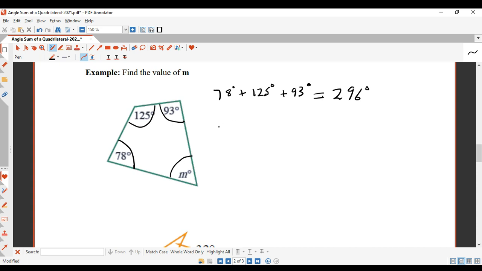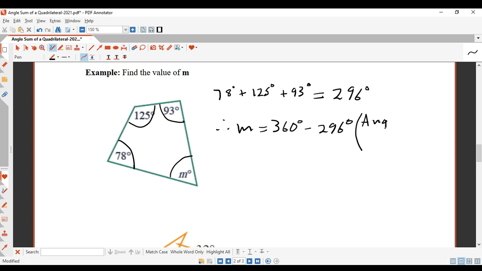And then I'm going to go therefore, so three dots for therefore, M is equal to 360 degrees minus 296 degrees. Now as soon as you put the number 360 in there, you have to put your reason for that. Quite often we'll put it afterwards or underneath. So I'll put it down afterwards.